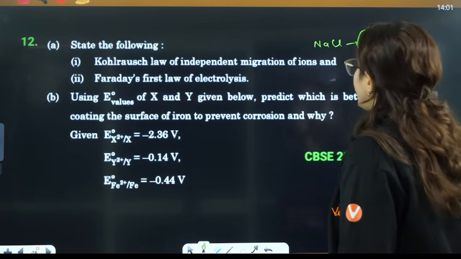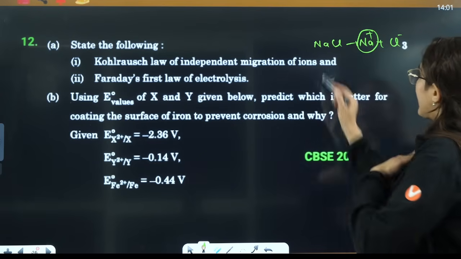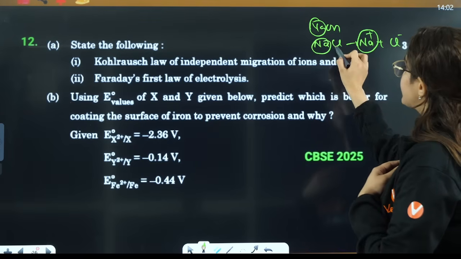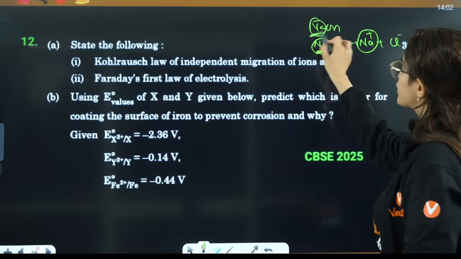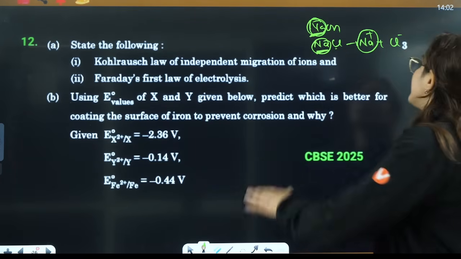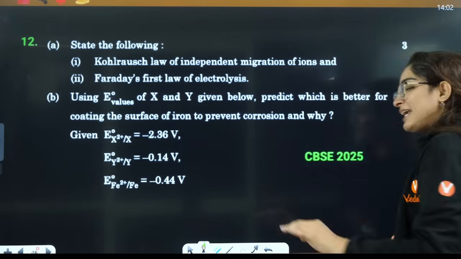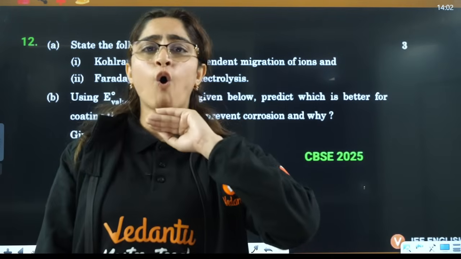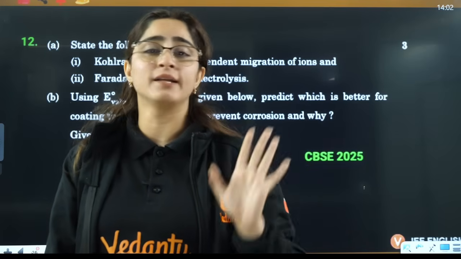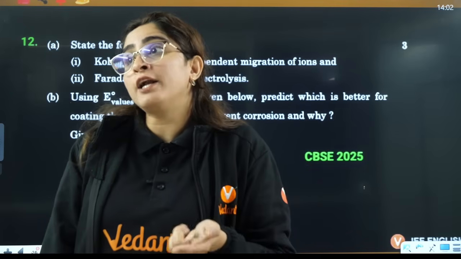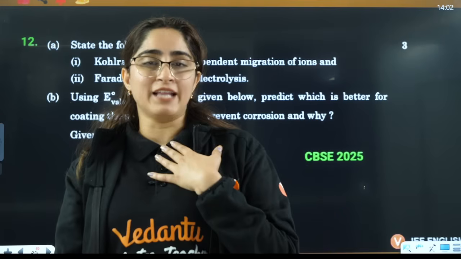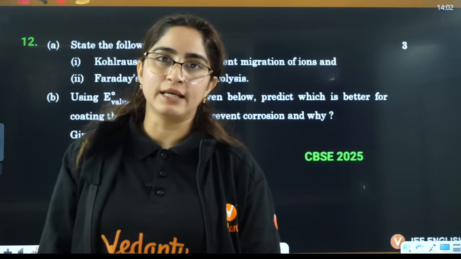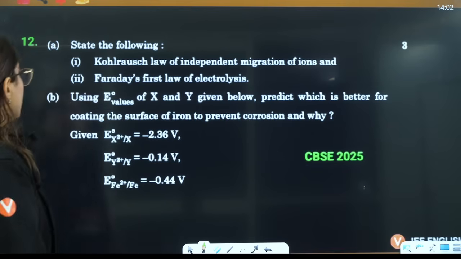It is independent, so if you have NaCl or NaOH, this will also depend upon the same amount of Na positive ion. That means any compound depends individually on all the ions present in that compound, independent of each other. It does not depend on whether with Na you have OH negative or Cl negative, it will be dependent upon Na, right? Okay.